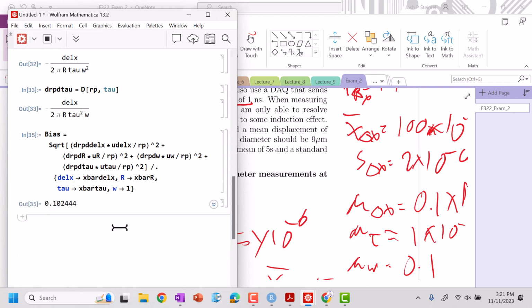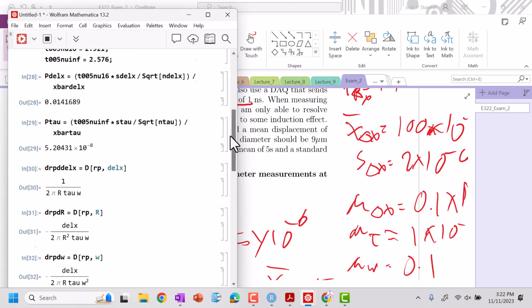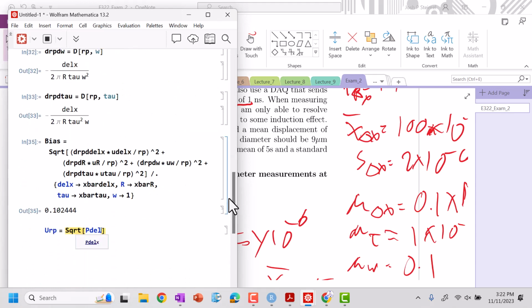So our total uncertainty in rp is going to be equal to square root of P del x squared plus P tau squared plus bias squared. And there we go. Dominated by bias for sure.